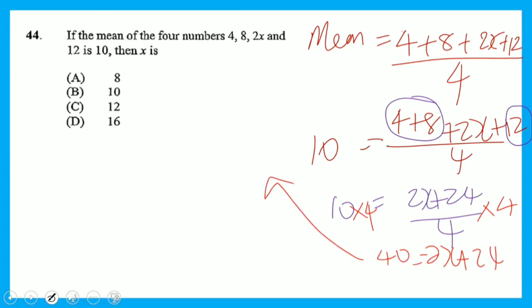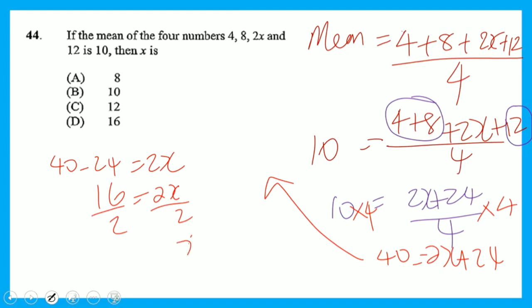Subtracting 24 from both sides, we will now have 2x equals 16. Be careful not to jump and go circle 16. All right, divide both sides by 2. X is going to be equal to 8.